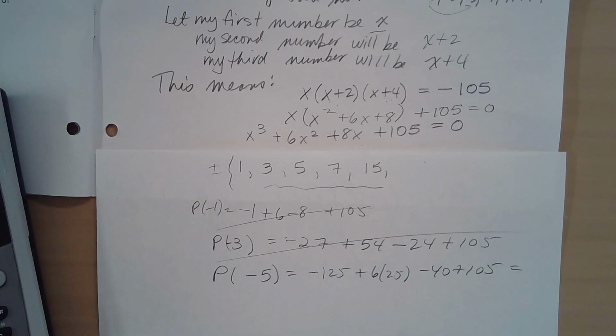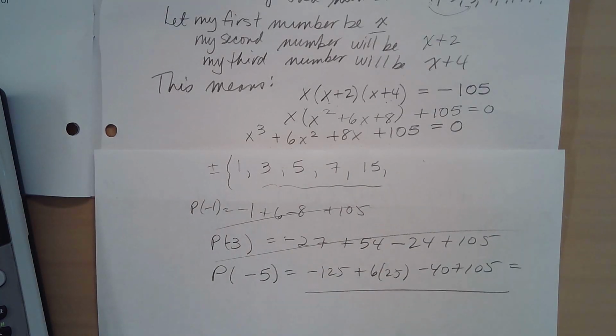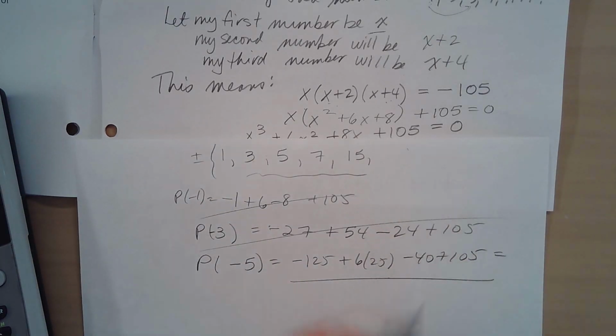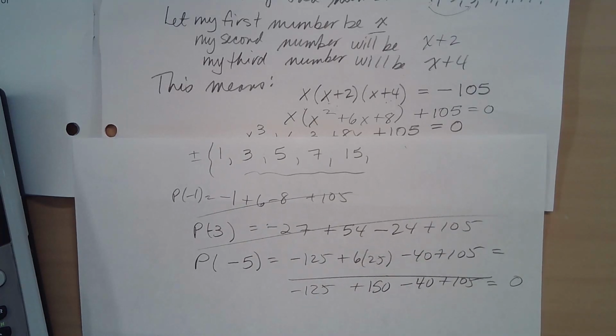Negative 125 plus... Negative 7. Yay! I thought it was, from remembering. Are you sure it's not the negative 5? 6 times 25 is 150. Negative 125 plus 150. I think negative 7 works too. This works, doesn't it? Okay.